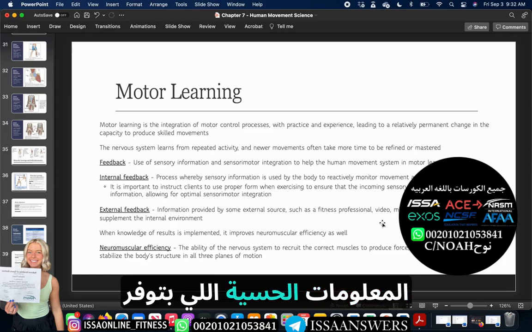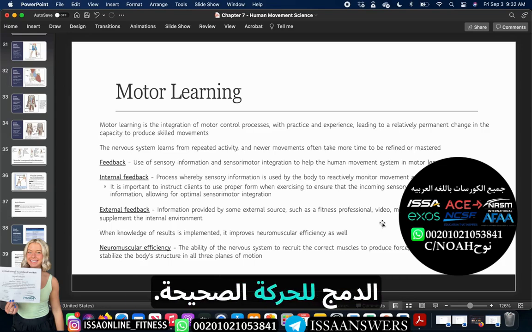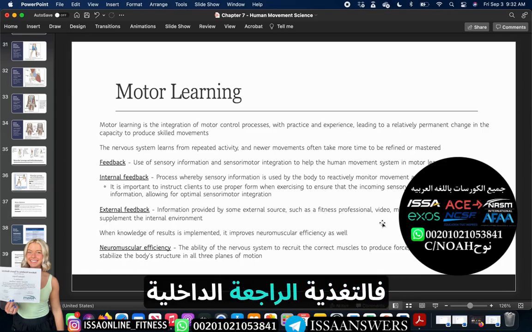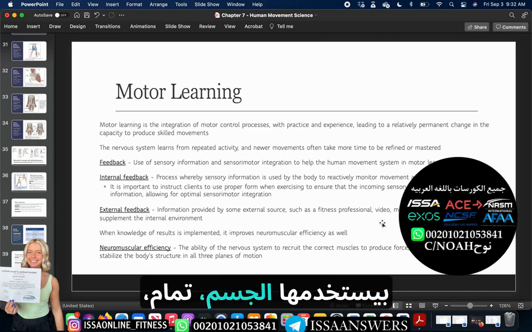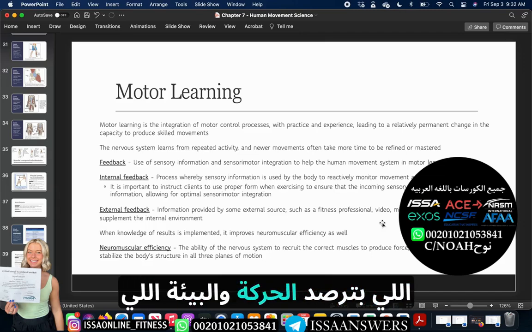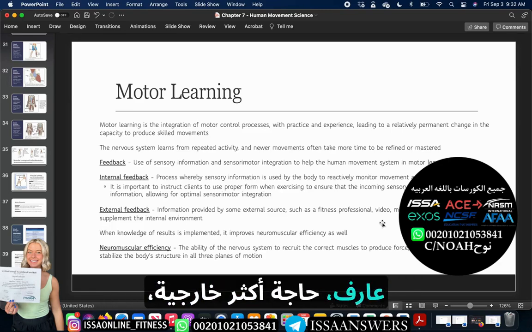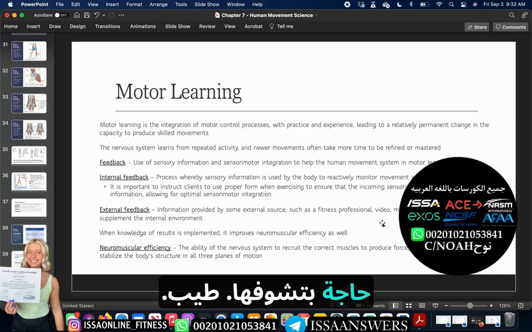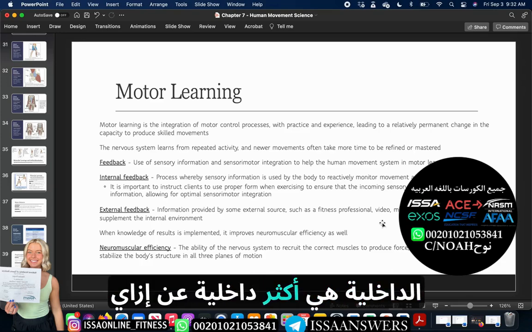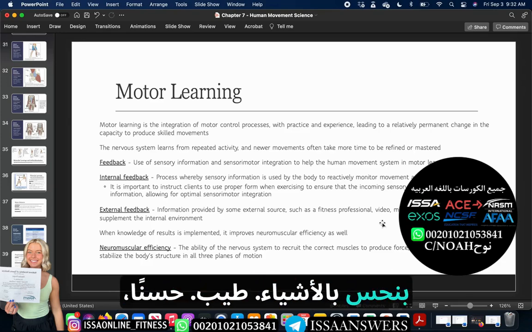Again, the sensory information that provides the integration to properly move. So internal feedback is used by the body, that monitors both movement and the environment that you're going through. Whereas external is that of a mirror, a heart rate, something more external, something that you're visioning. Okay, internal is more internal about how we sense things.